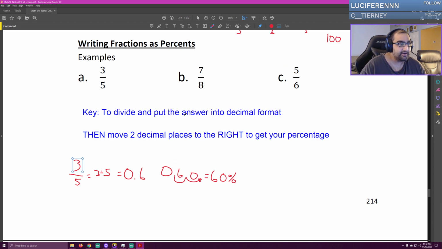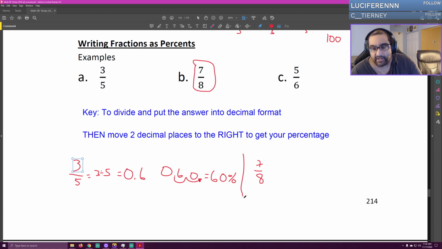So let's look at letter B. All right, so that's the easy one here, but let's look at letter B here, 7 over 8. So what's 7 over 8 as a decimal?